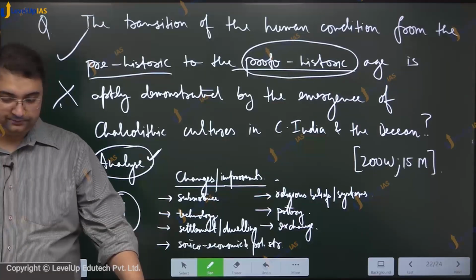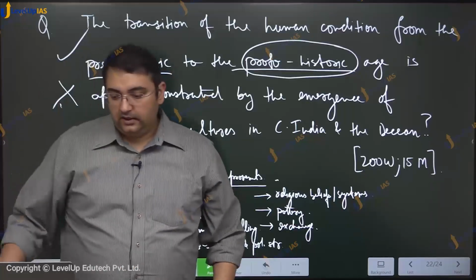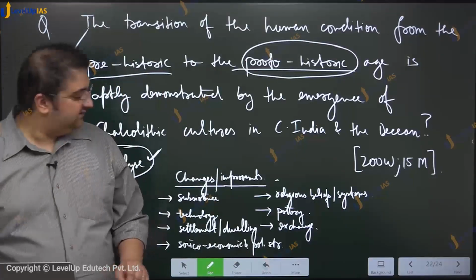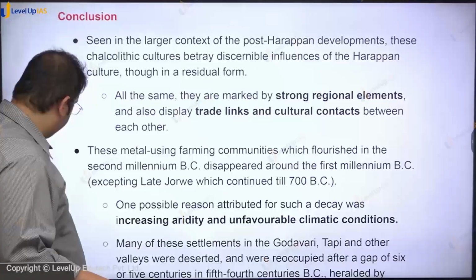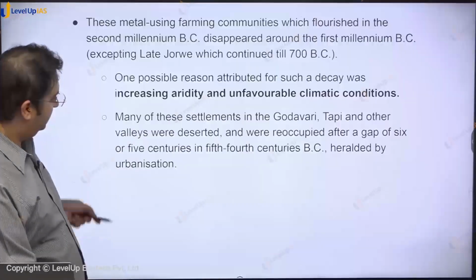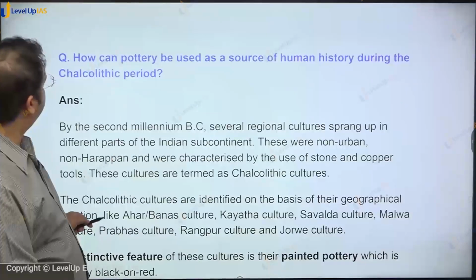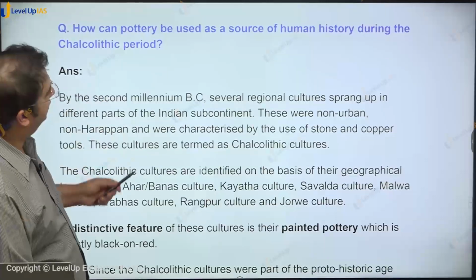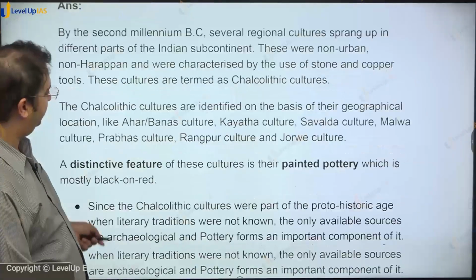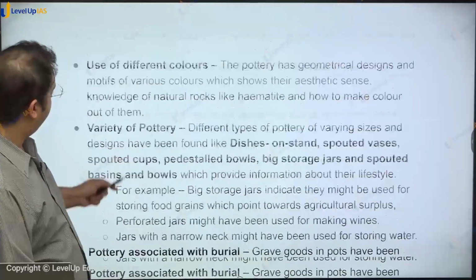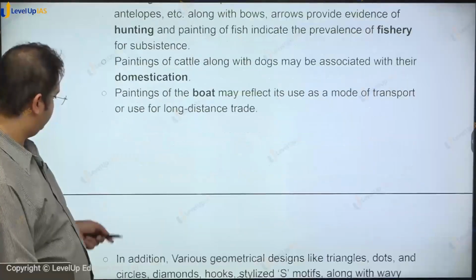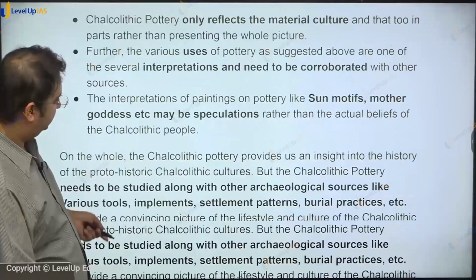All right. चलिए then. So that is it, I believe. Chalcolithic age हमने I think cover कर लिया है. Couple of questions. How can pottery be used as a source of human history during the Chalcolithic period? Okay, ये discuss हो गया यहाँ पर. Anything else?